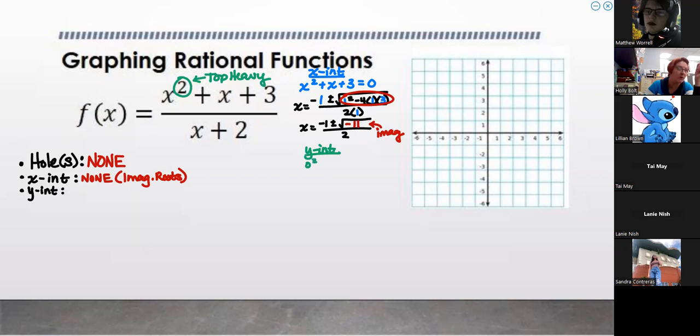So I'm going to have 0 squared plus 0 plus 3 over 0 plus 2. So I can see here that I'm going to end up with the ratio of my constants, because that is the only thing there that does not go to 0. So my y-intercept is going to be (0, 3/2), or (0, 1.5). I'm going to go ahead and put that on the graph. That's the first thing I've been able to graph here, right there.